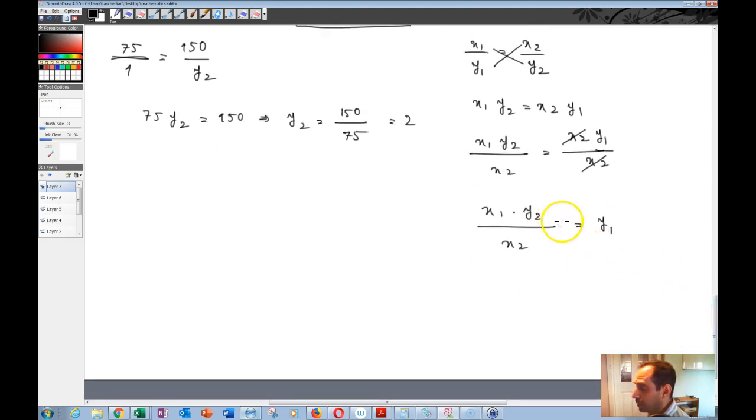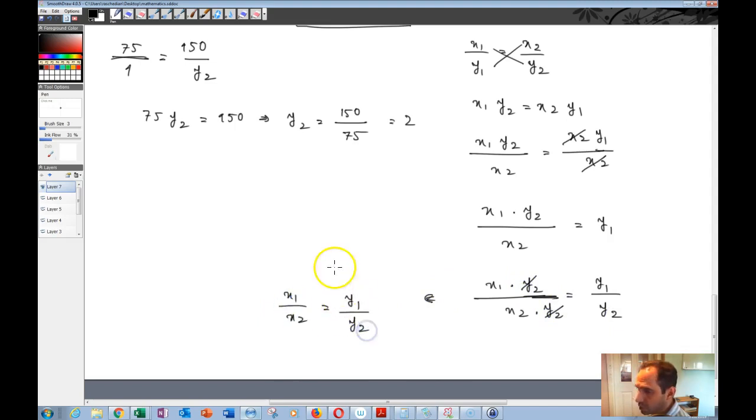Okay, now if I divide both sides of this equation by y2, meaning that I write x1 times y2 divided by x2 and divide by y2 as well, and over here write y1 divided by y2, these two will cancel out, and so this will give me x1 by x2 is equal to y1 by y2, which is the same thing that we had before. x1 to y1 is equal to x2 to y2.